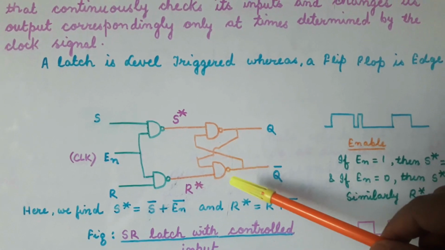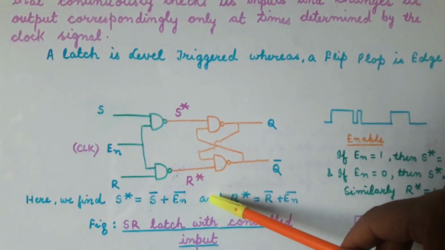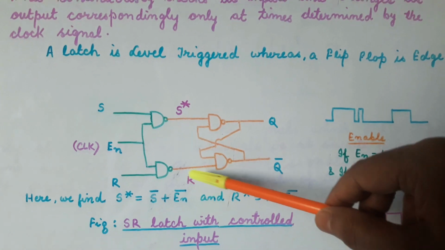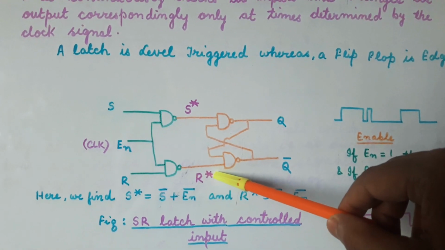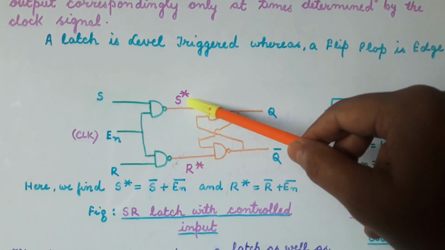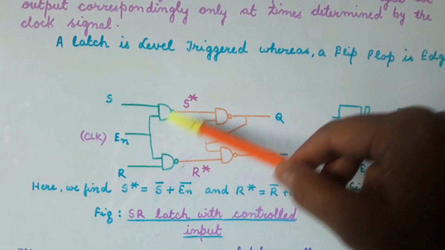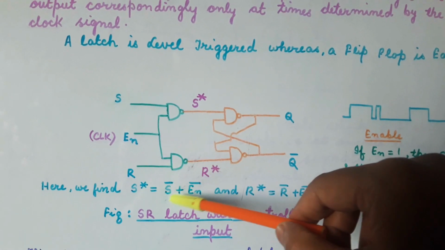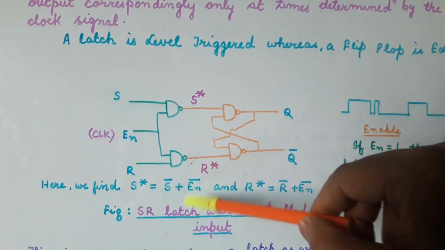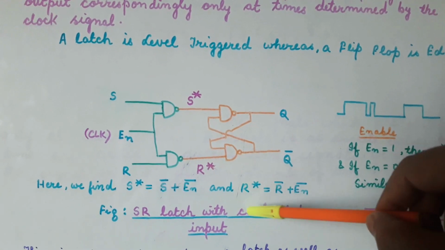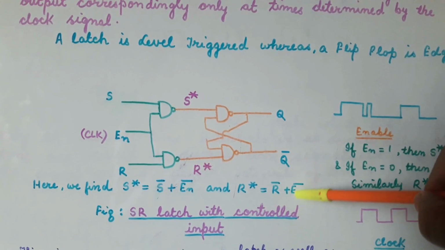Before explaining the flip-flop, let me explain why the circuit is operational when the enable is high. If we write the value of S star, it will come out to be S complement plus En complement, and similarly R star will be equal to R complement plus En complement.